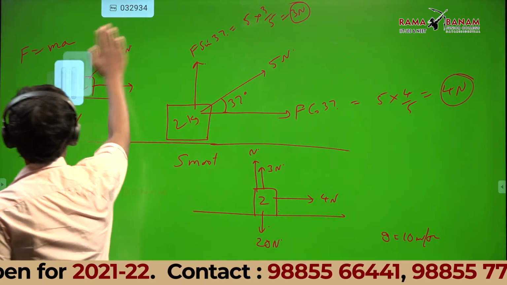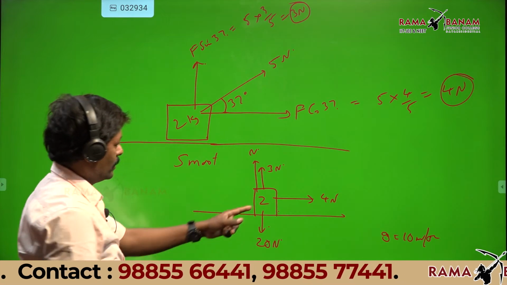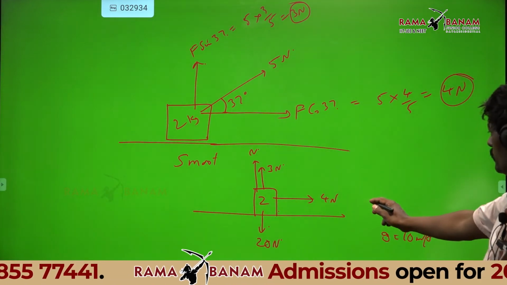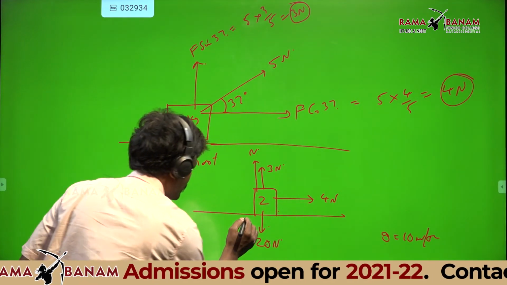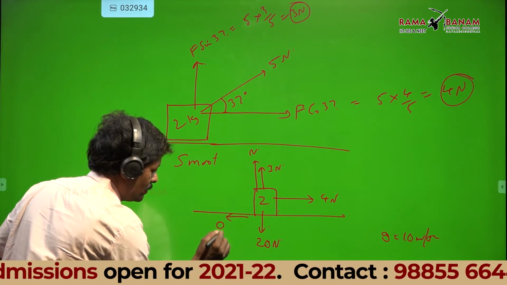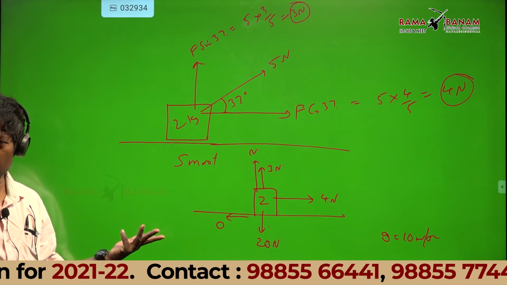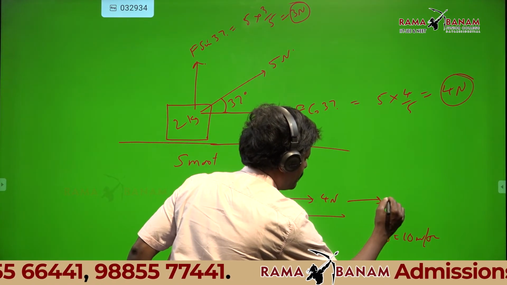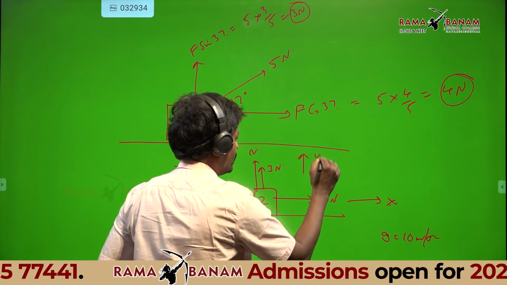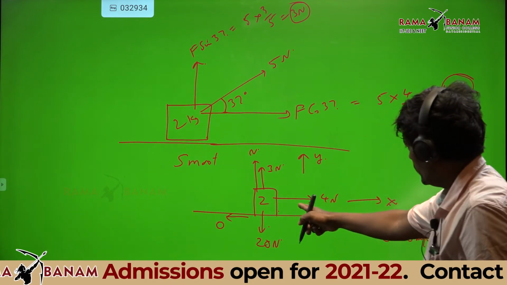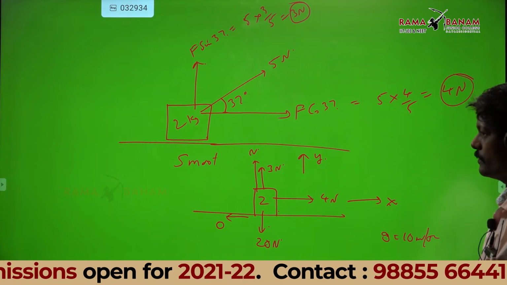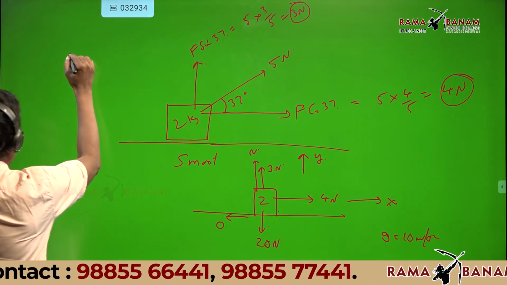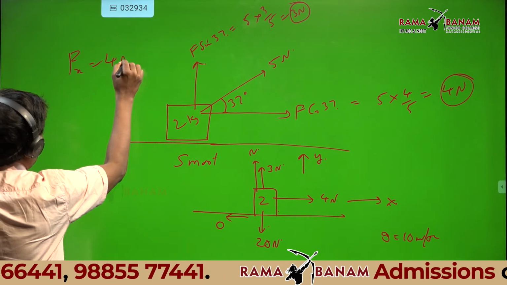Now listen. What is the force in the direction of motion? 4 Newton. Is there any friction this side? No friction. This I will call the x direction and this the y direction. In the x direction the force I will call Fx, which is 4 Newton.